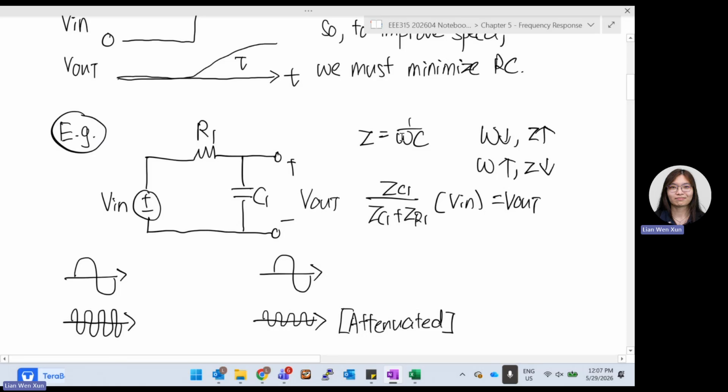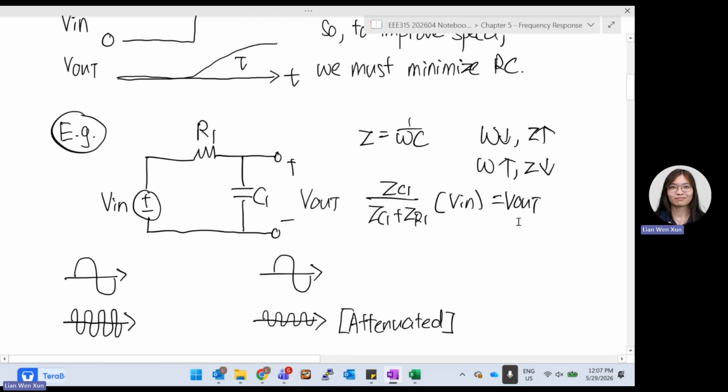Similarly, if your omega increases a lot, your Z decreases.